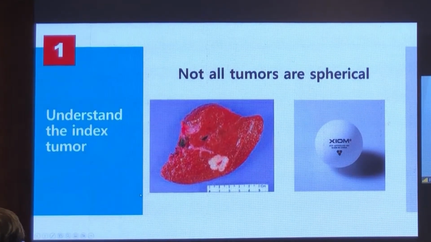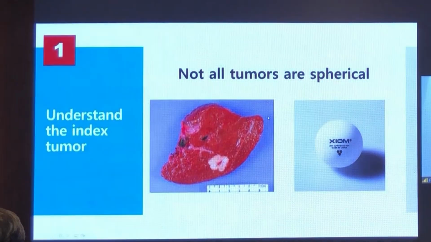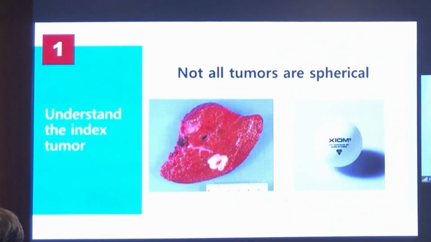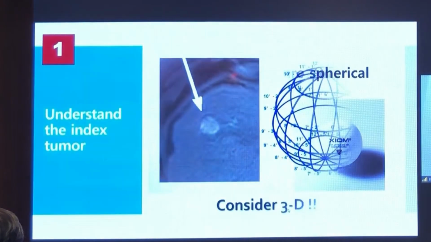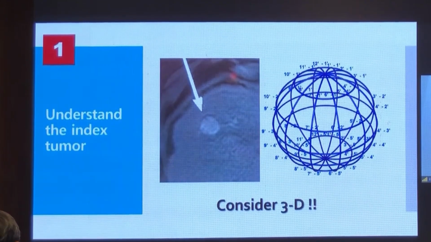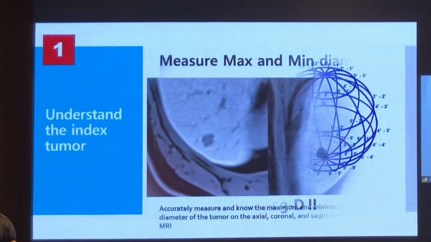Understand the index tumor in detail. As we all know, not all tumors are spherical like a ping pong ball. So we should consider it three-dimensionally. It is a very critical part of achieving optimal ablative margin.